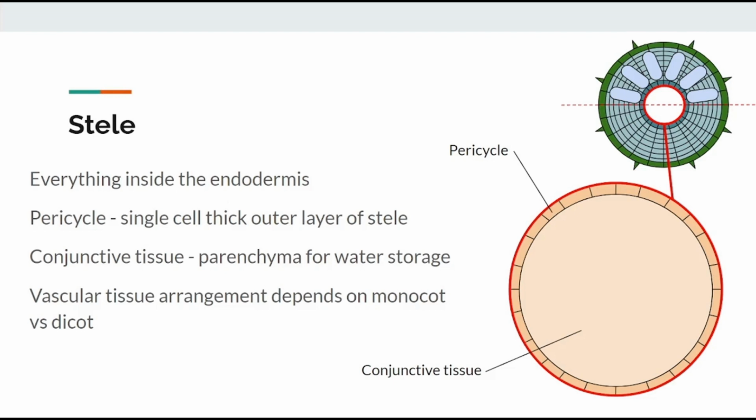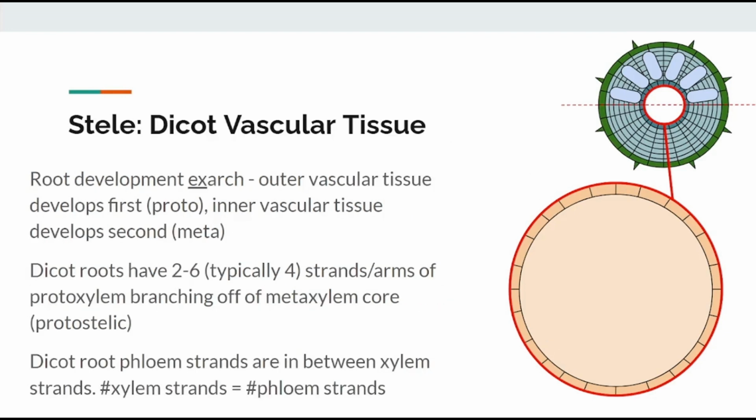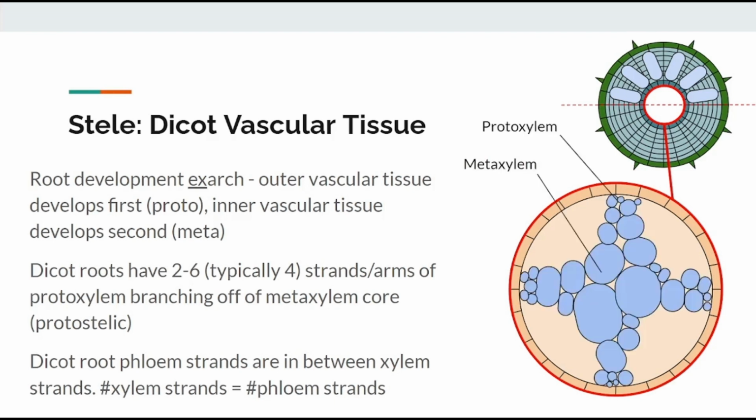The arrangement of this vascular tissue depends on whether the tree is a monocot or a dicot. The more commonly studied root is that of a dicot, which typically has between 2 and 6 strands of xylem. Since the development of vascular tissue in tree roots is exarch, the metaxylem of each strand is located towards the center and forms a sort of core of metaxylem, and the protoxylem arms branch off of that core.